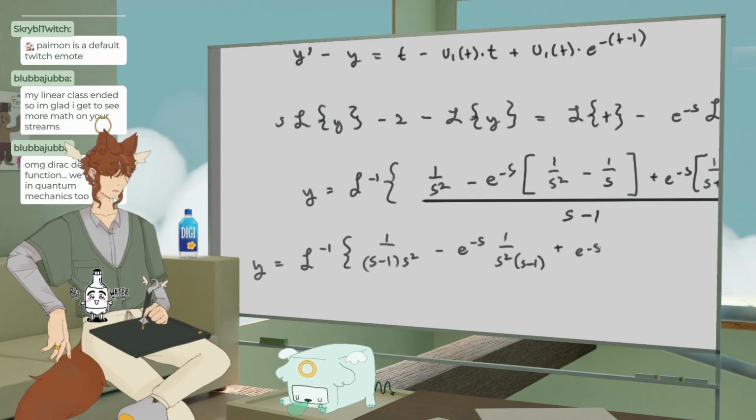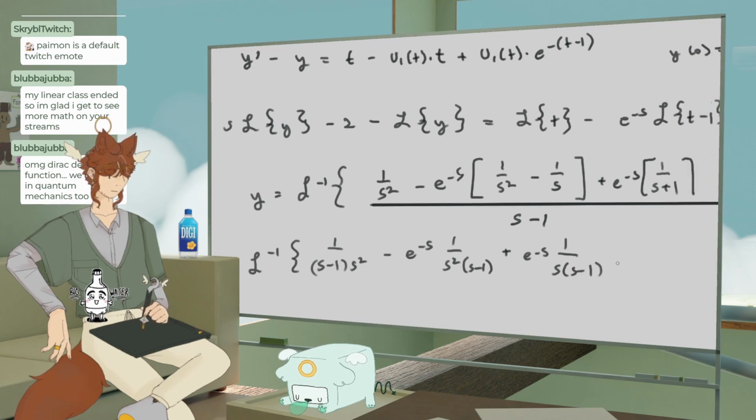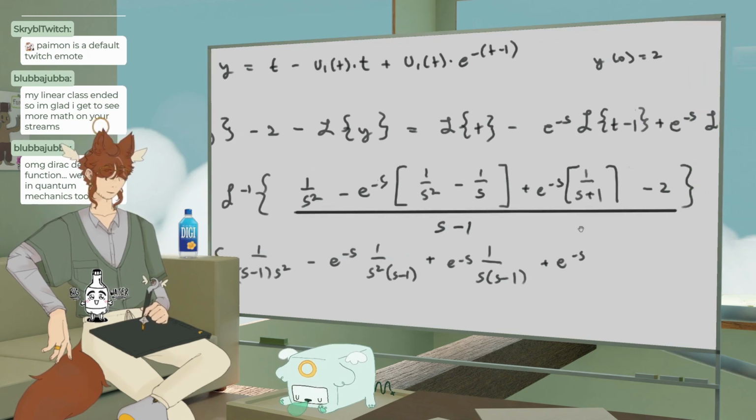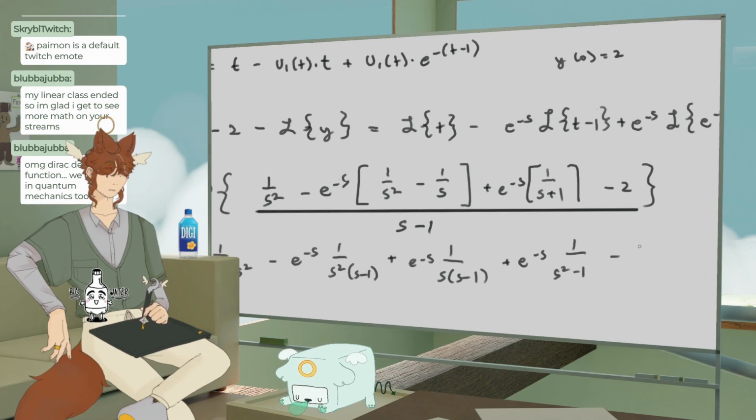Plus e to the negative s of s times (s plus 1). I looked at the wrong thing. (s minus 1). Plus e to the negative s. I guess I could factor out e to the negative s at a lot of these, but s squared minus 1 minus 2 over... Okay, we like the 2 over s minus 1. That makes my life easy.